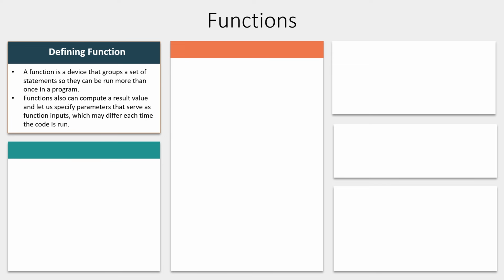Functions also can compute a result value and let us specify parameters that serve as function inputs, which may differ each time the code is run. So coding an operation as a function makes it a generally useful tool which we can use in a variety of contexts.